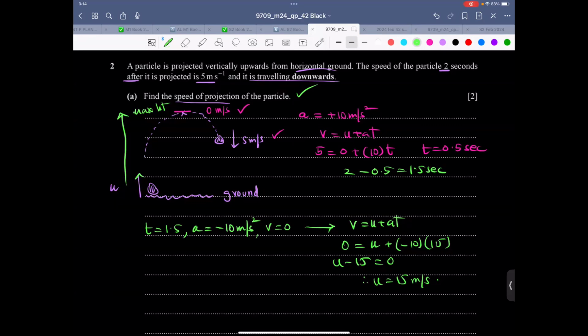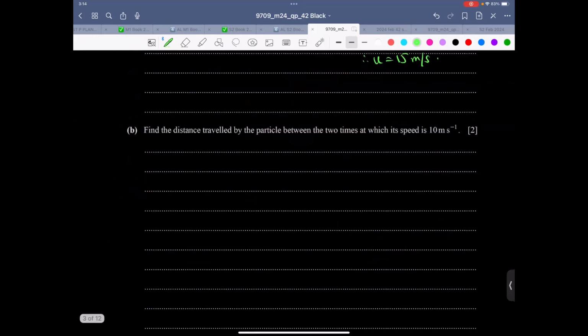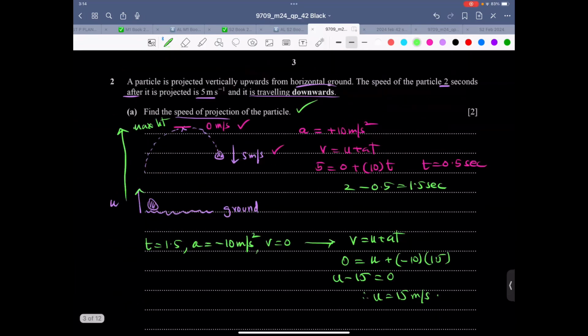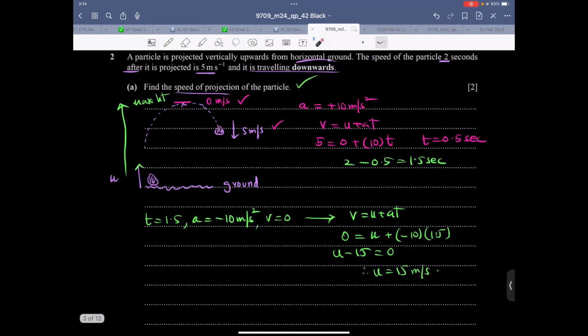Now, the next thing, that is, find the distance traveled by the particle between the 2 times at which the speed is 10 meters per second. So now what we can do is that we can just make use of this thing. What if we started at 0? And somewhere over here, the speed will be 10 meters per second. And we can find the maximum height, subtract this distance, and then we know what is the height that is left.